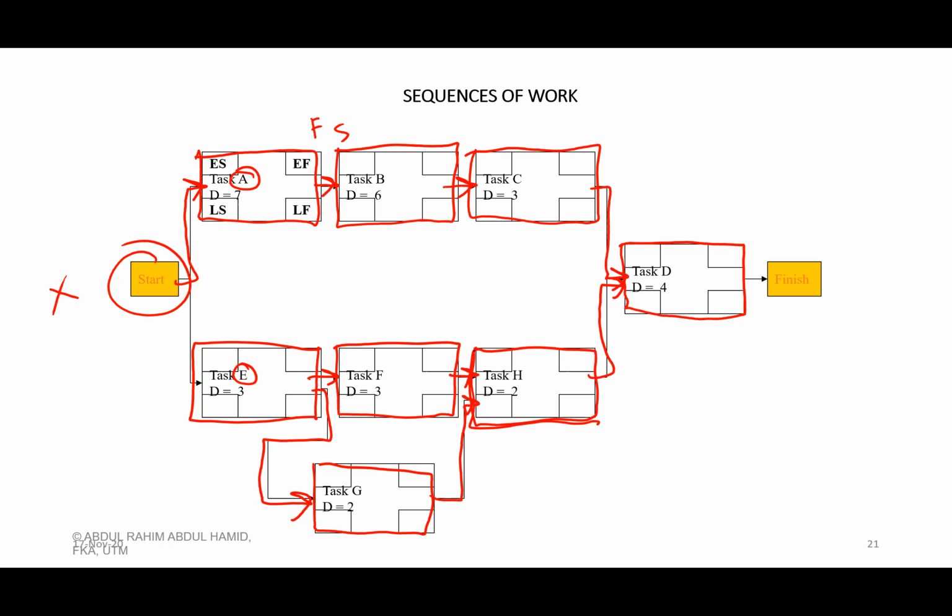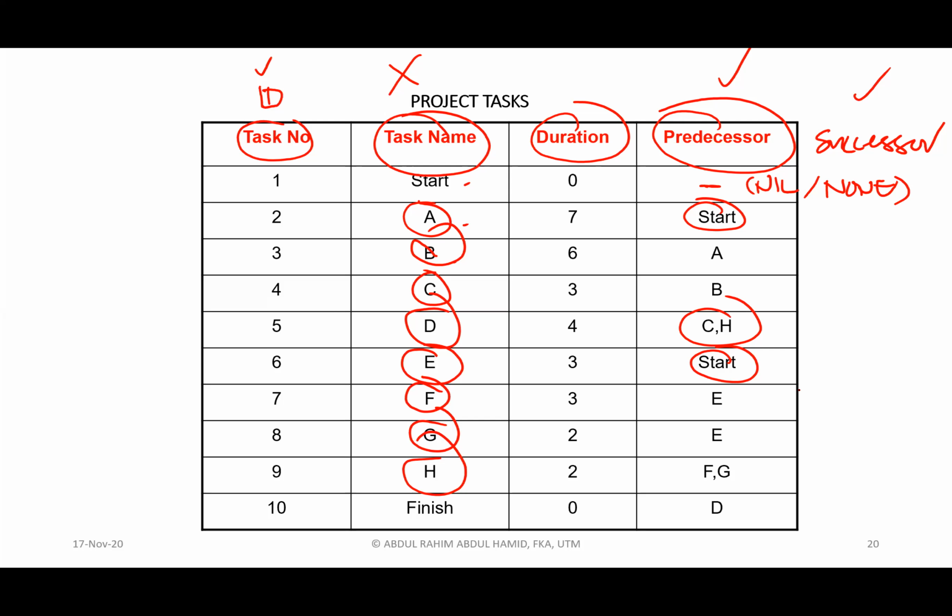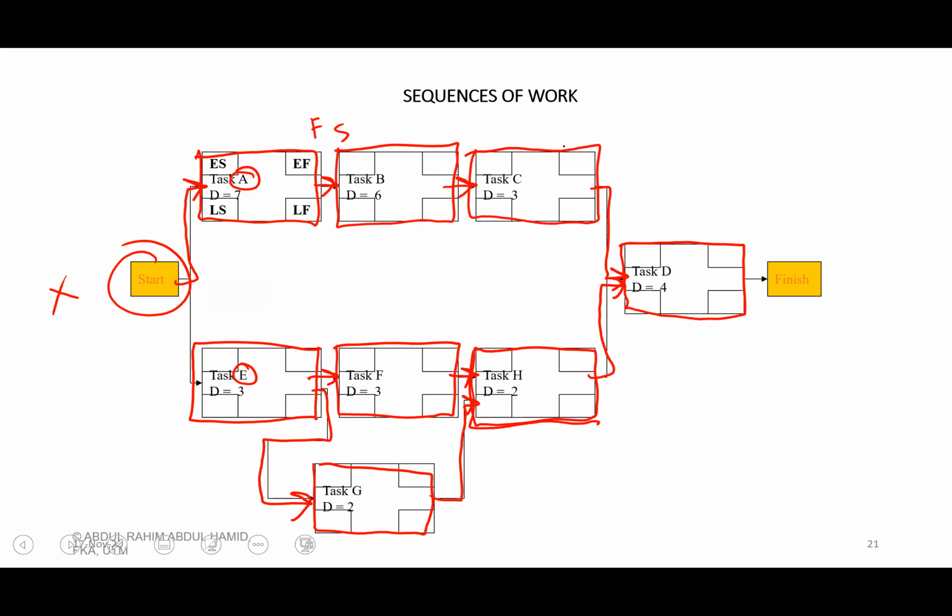When you completed the drawing, always check again and again whether the relationship is correct or not, because once you draw the wrong relationship, then that is basically useless. Okay, then you put the information such as the duration inside the box.